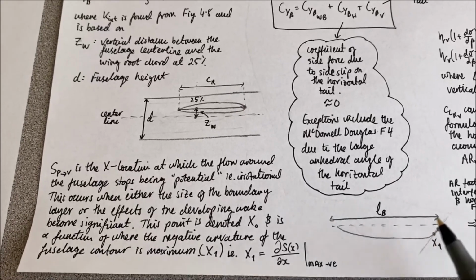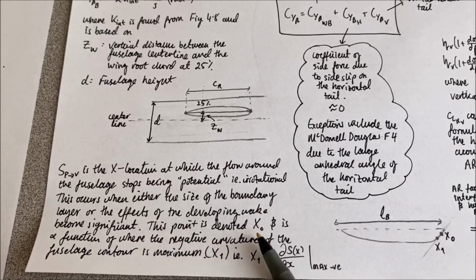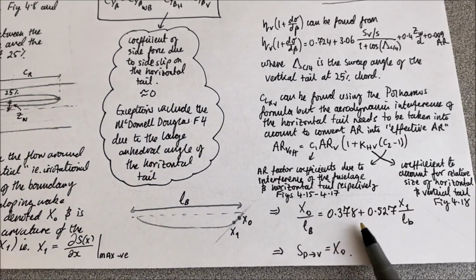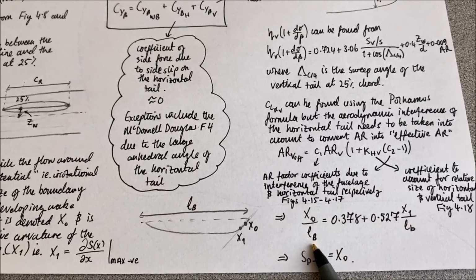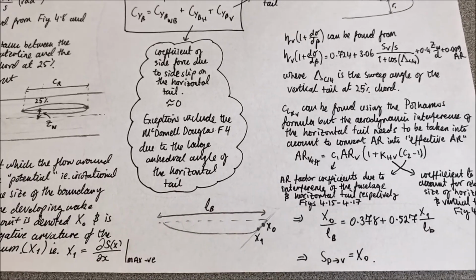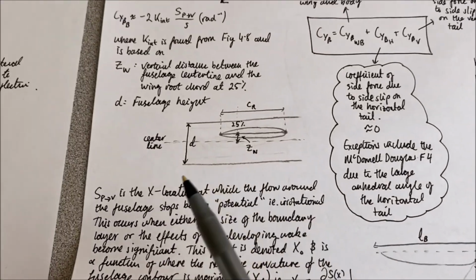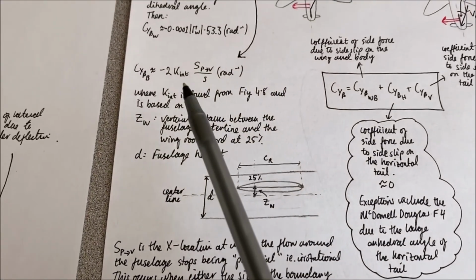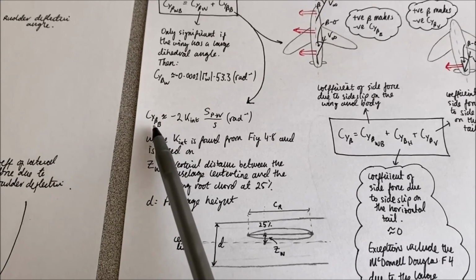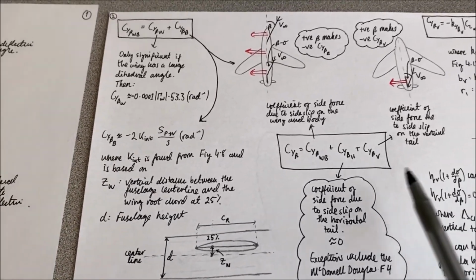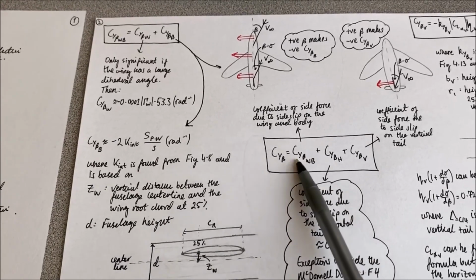Then to find x0, which is the point at which the flow is no longer potential, we just use this formula down here, where LB is the length of the whole fuselage. So once we know that, and we know this K sub int, we can put it into this formula and find the coefficient of side force due to side slip on the body. And that then goes into there. So we've dealt with that.